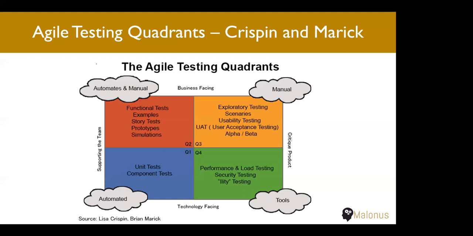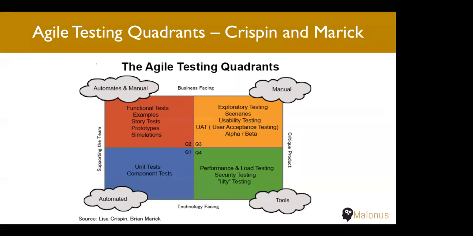And in quadrant 4, which is completely technical and tool based, the focus is on performance and load testing, security testing, and any other testing related to non-functional requirements. When I say that, I'm talking about non-functional requirement related testing.